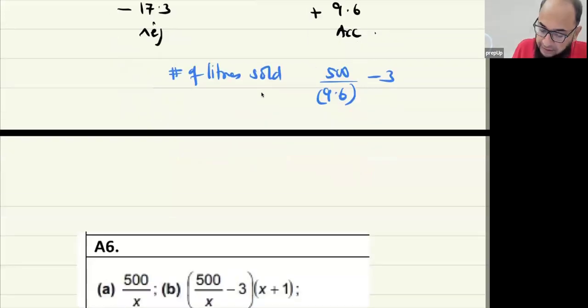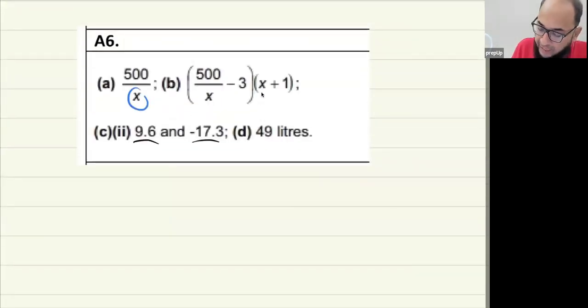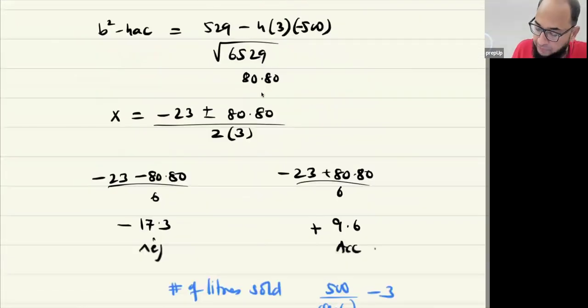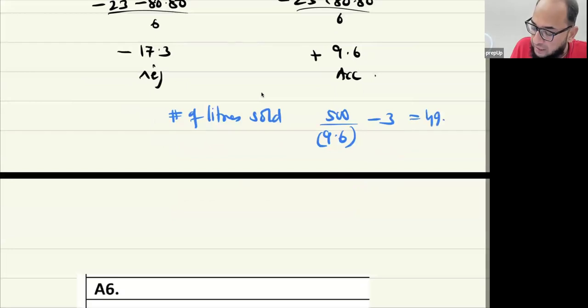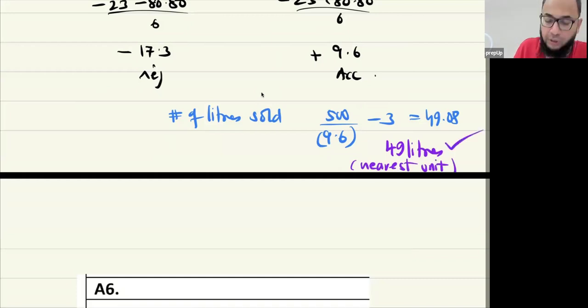So 500 divided by 9.6, that is 52 point something, minus 3, that comes out to be 49.08. So this comes out to be 49.08. Therefore, we say 49 liters to the nearest integer, nearest unit, and that is what is being asked for.